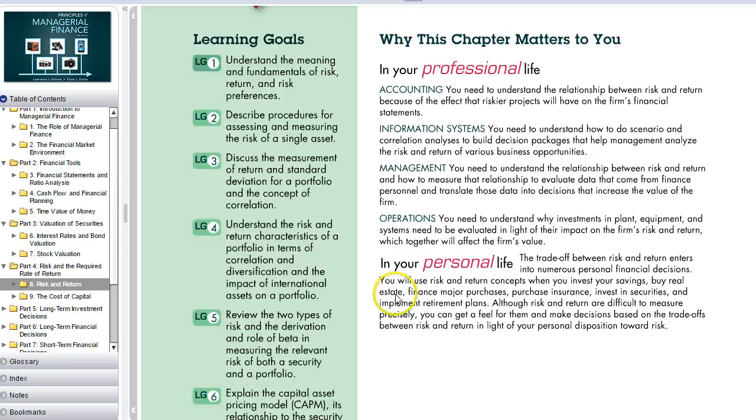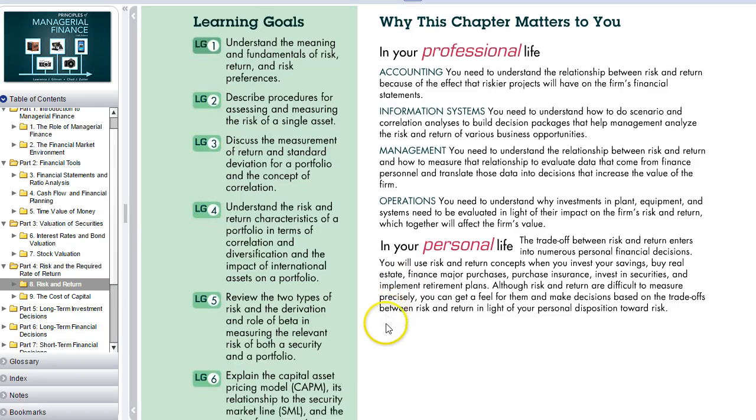So risk is really important in business because the more risk that you get involved in, the more return you need to compensate you. So that's why we need to measure risk, and we can use things such as standard deviation of our portfolio or correlation to understand and manage risk better.